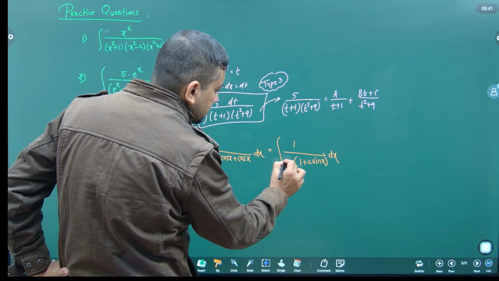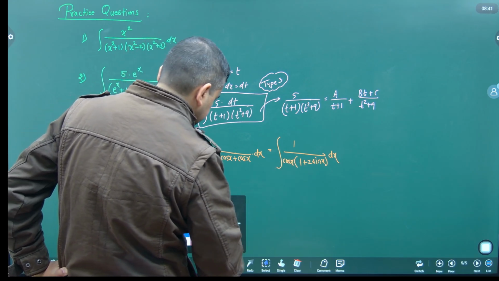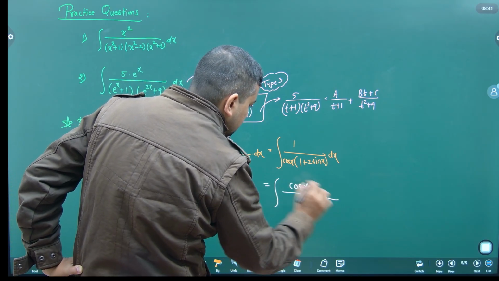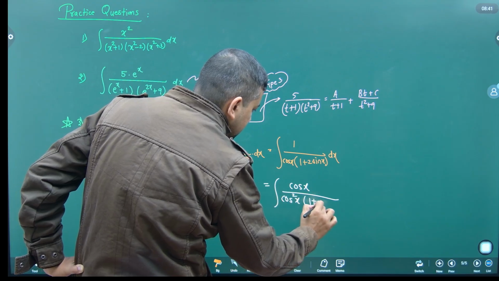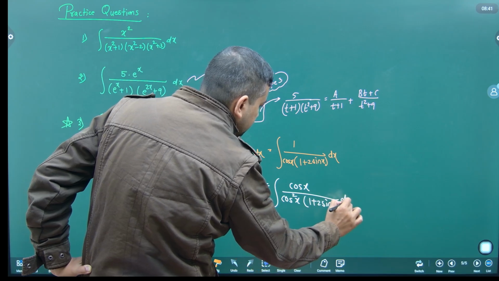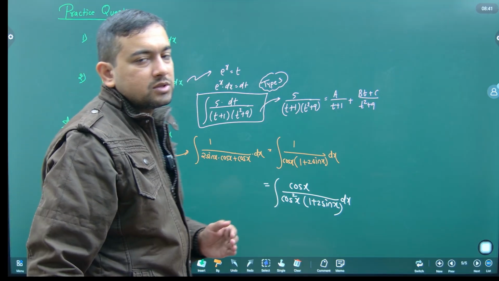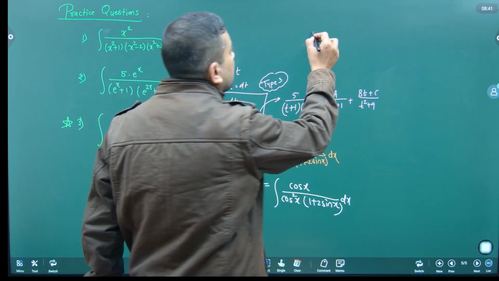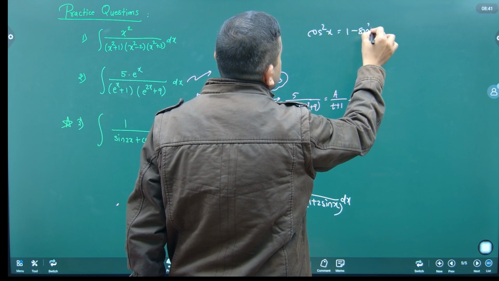This term is cos x. I will multiply and divide with cos x. Integral cos x upon cos x into cos x, cos square x, into the bracket 1 plus 2 sin x. Now what about cos square x? You can replace cos square x with 1 minus sin square x.